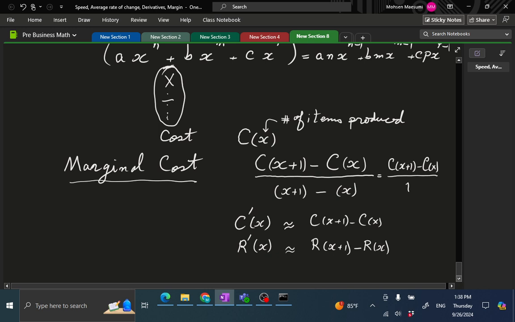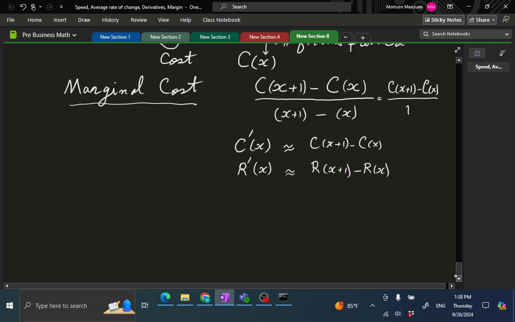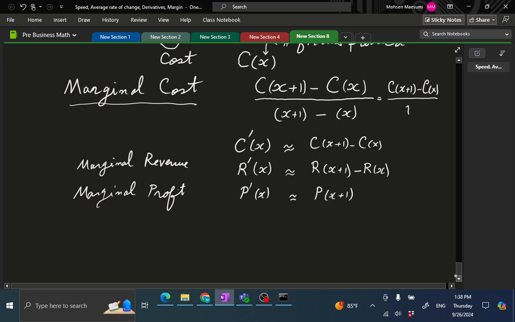That is your marginal revenue. In the same fashion, you have a marginal profit. Marginal profit, P prime of X, is the extra profit you make from producing one more item.